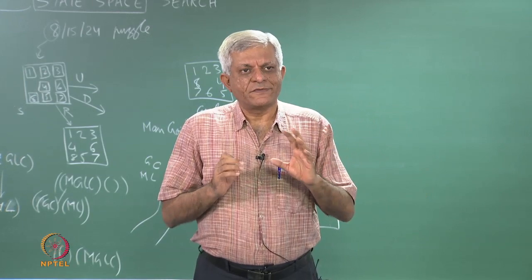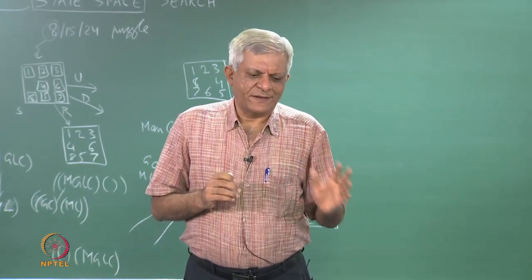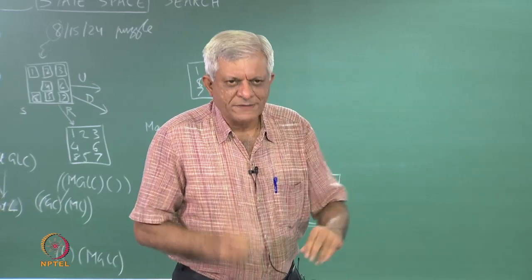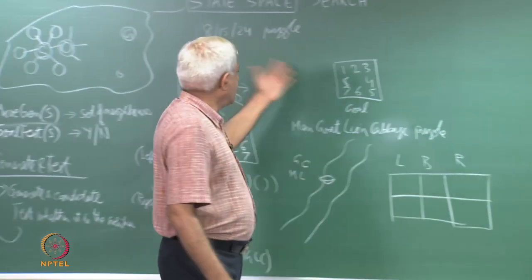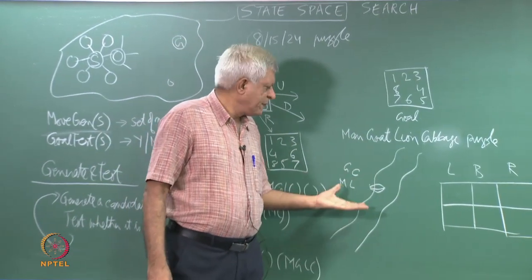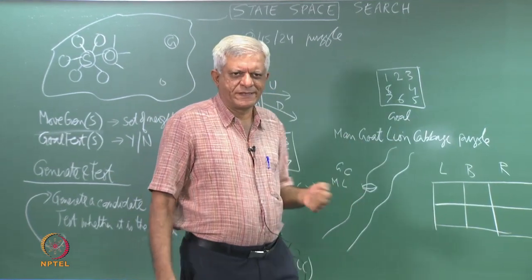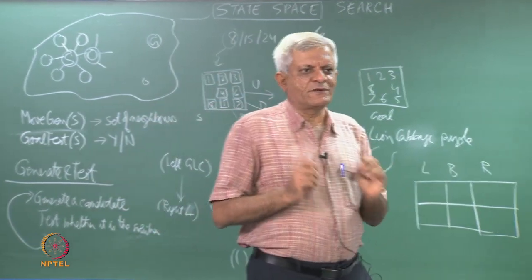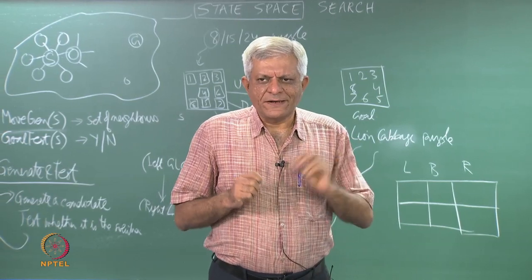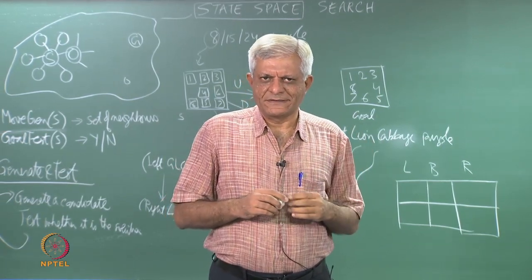So, once I have written these 2 functions for a domain, I can practically forget about the domain. I do not have to worry about whether I am solving the Rubik's cube or this 8 puzzle or this river crossing puzzle. It does not matter. I have a move gen function, I have a goal test function, and I want to find a sequence of moves which will take me to the goal, and so this is a very abstract problem essentially.